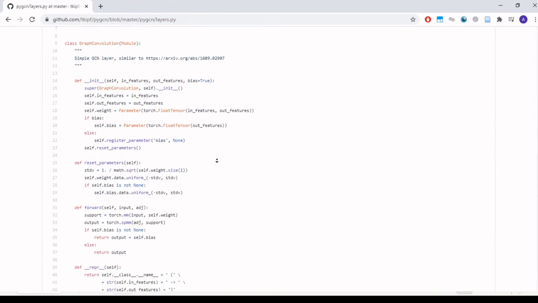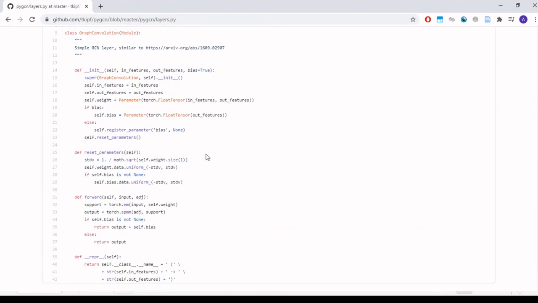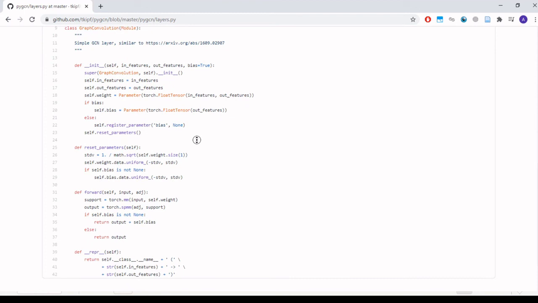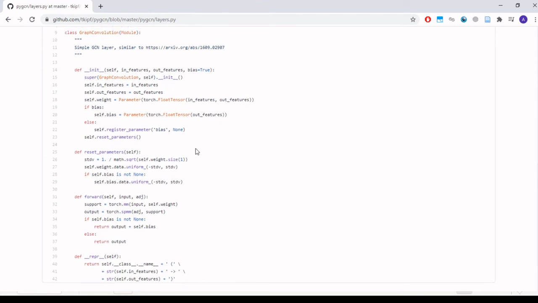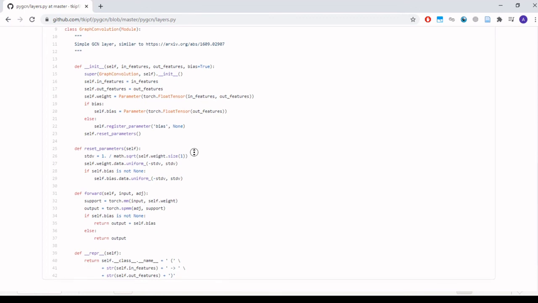I think it's a very elegant implementation, and there are also great blog posts by the same person covering the material. Part of this tutorial was based on it, so I'll definitely put a link into the description.